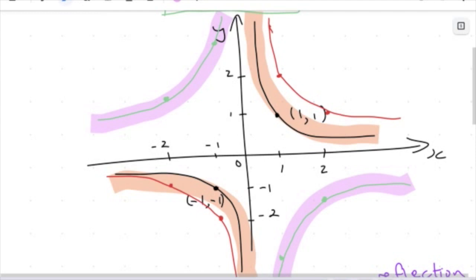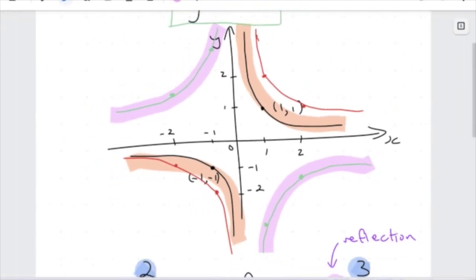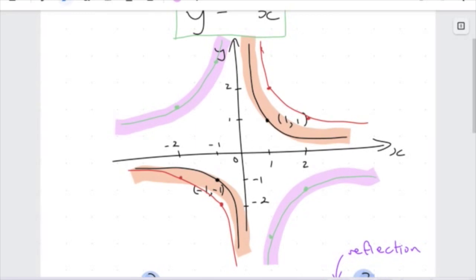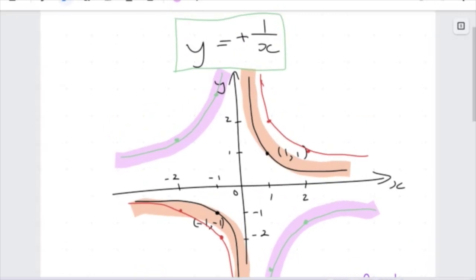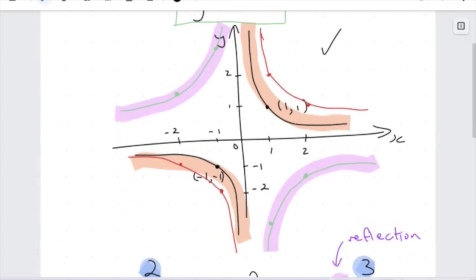So even just looking at this, we can see that both of my black lines, which correspond to the graph of y equals 1 over x, both of those get reflected. So my one in the top right here is getting reflected along this kind of mirror, being above the x-axis, now it is below the x-axis. And the same thing for this guy down here.